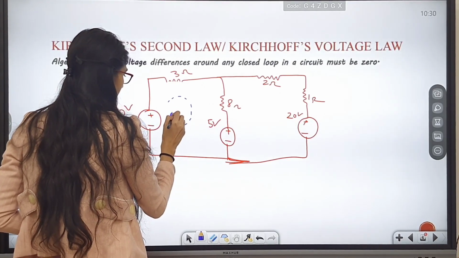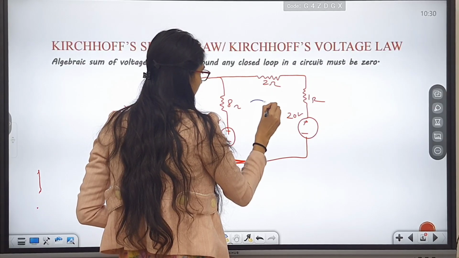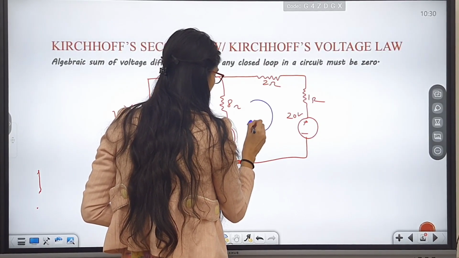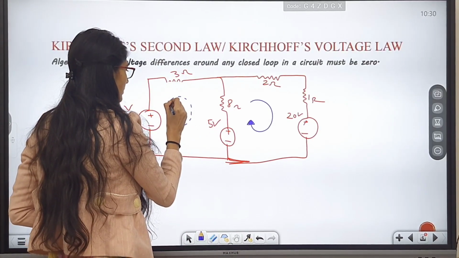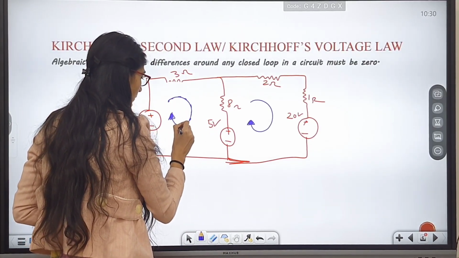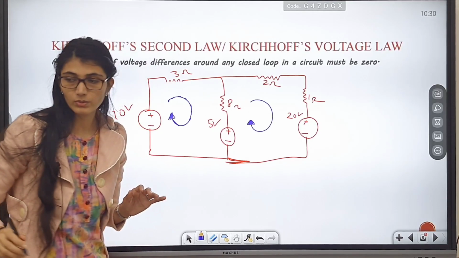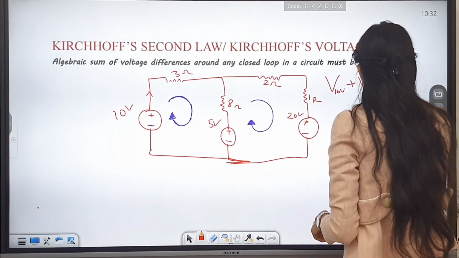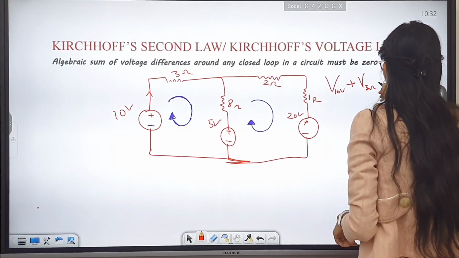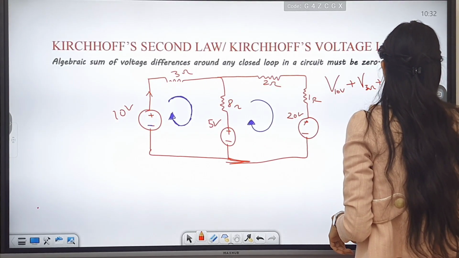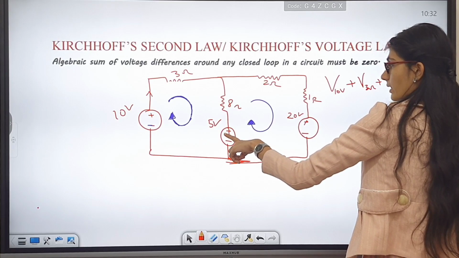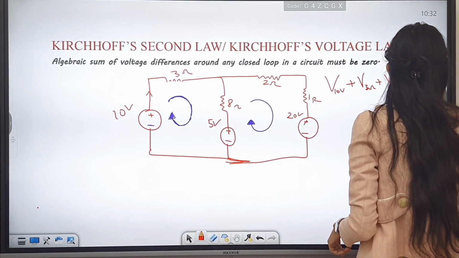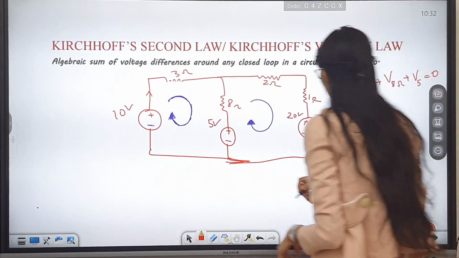So this is the direction of the flow of the current, and in this loop we will take the same direction. You can take one clockwise and one anti-clockwise, but don't confuse yourself unless your mind is ready to take that confusion. V across 8 ohm and V across 5 volt battery is equal to 0.